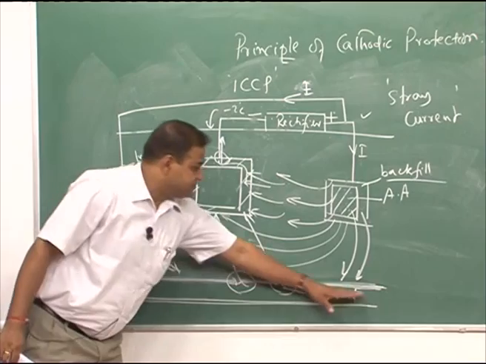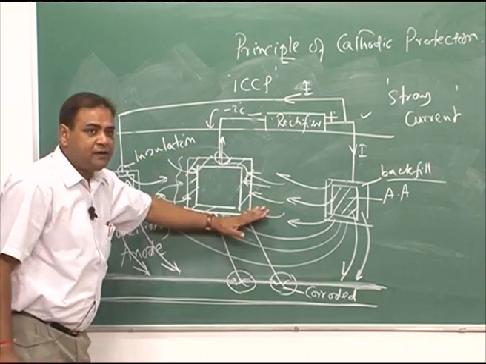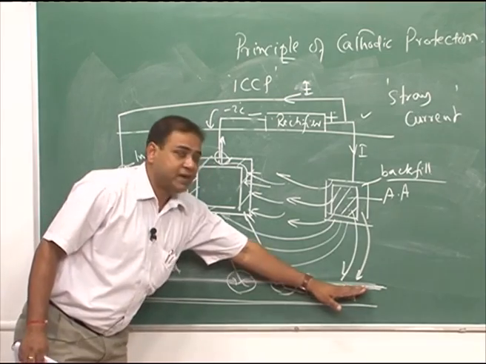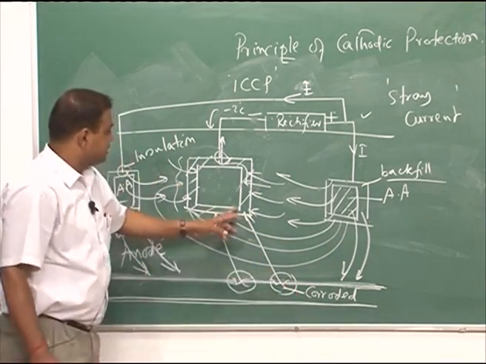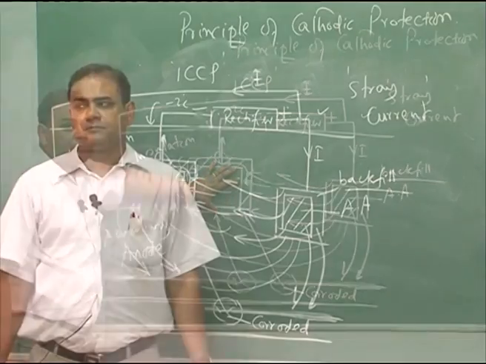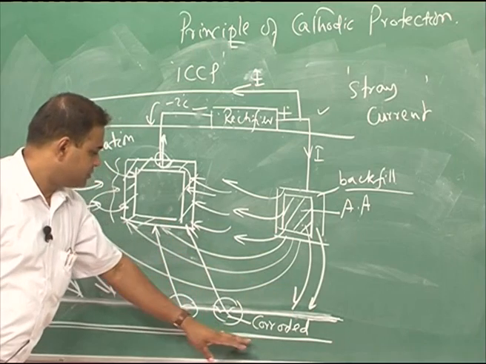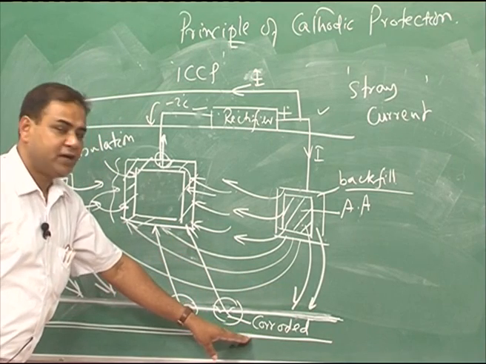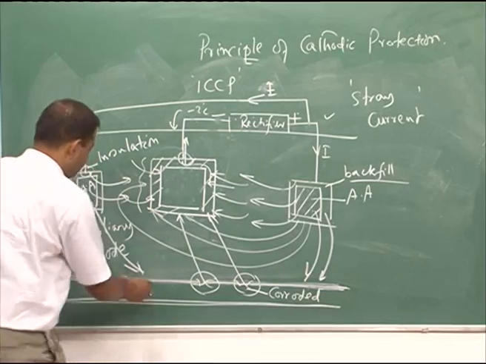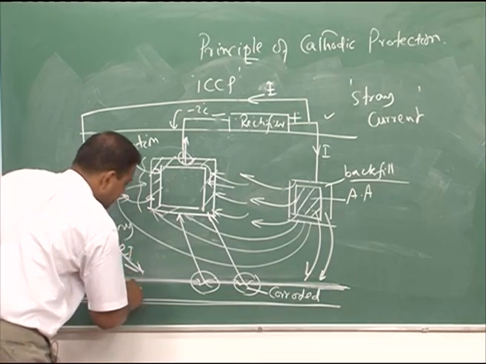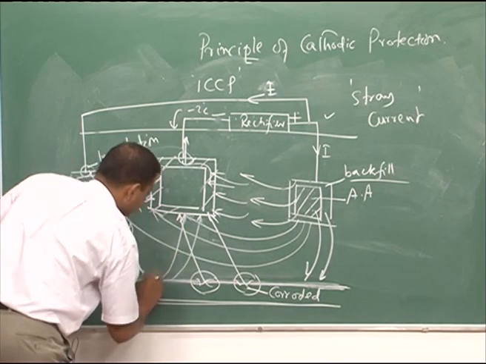And this is in a highly potential field. So, this will also be polarized, and current will enter into the pipeline, and current will leave from this pipeline to this metal electrode. So, we see that the current is entering into the nearby pipeline, and it is leaving from the pipeline surface to this system.